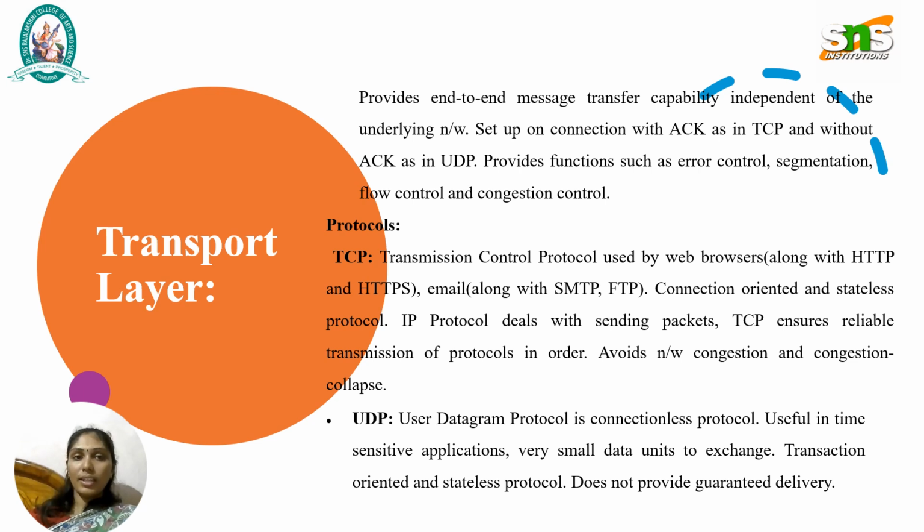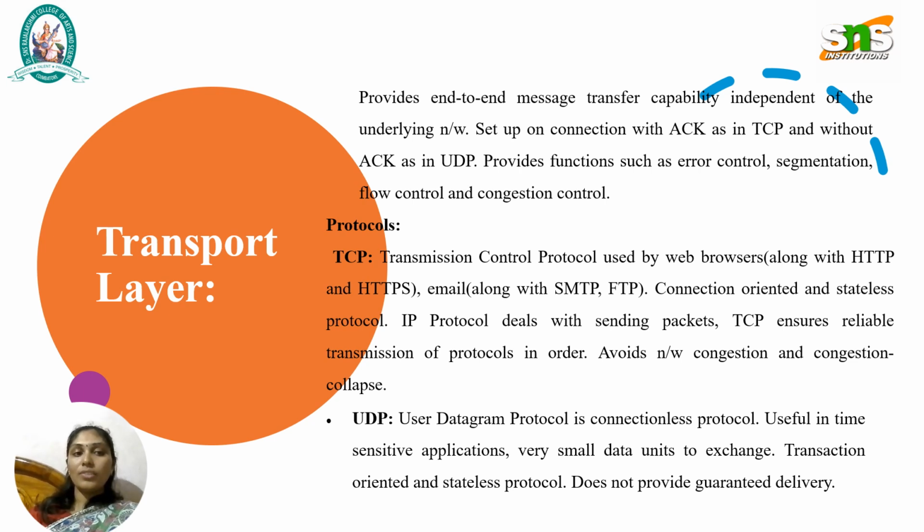At the data link layer, the data is packetized and sent from source to destination. After that, the network layer contains only the source and destination address of the network.